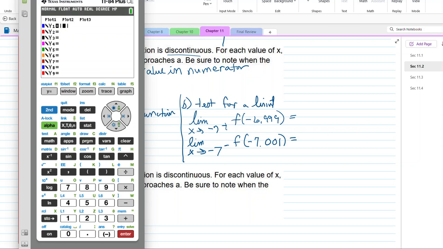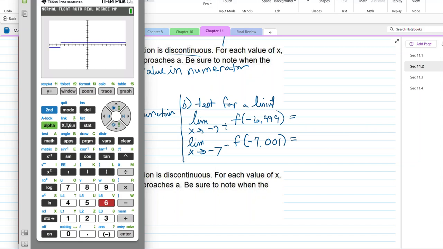So I'm going to put in what I have, x plus 7. All right, and I'm going to get out of that, and I'm going to divide by parenthesis x plus 7, close parentheses. I'm going to go zoom 6, and that's what I have.